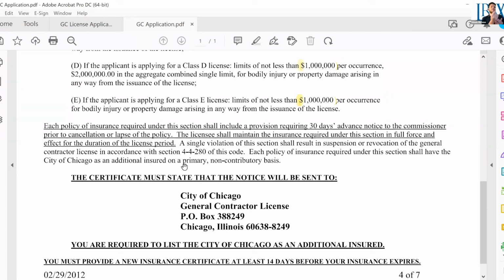There has to be a contract between you and the other party that states that you are to list them as additional insured, and then that blanket kicks in, and you'll be able to provide that certificate of insurance for that project that you have. So those are the 2 things to keep in mind.